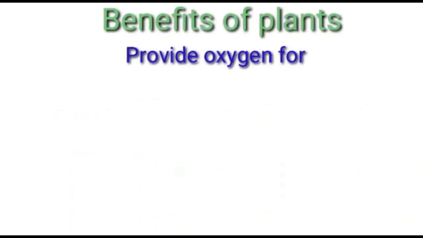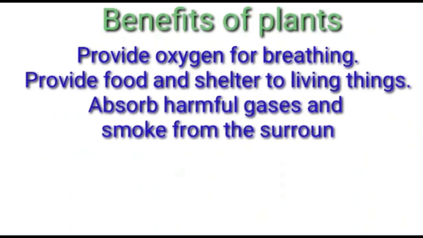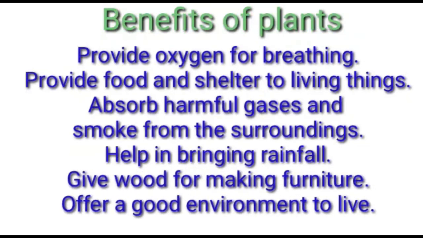Provides oxygen for breathing. Provides food and shelter to living things. Absorbs harmful gases and smoke from the surrounding. Helps in bringing rainfall. Gives wood for making furniture. Offers a good environment to live.